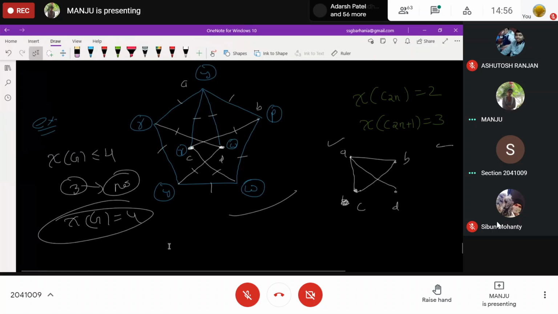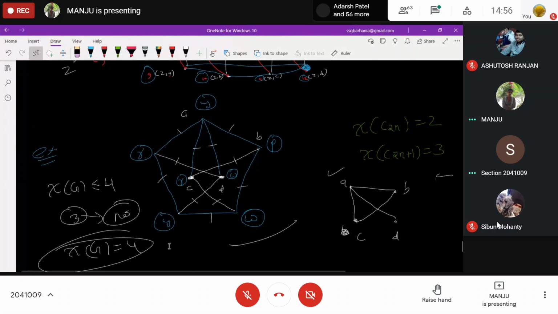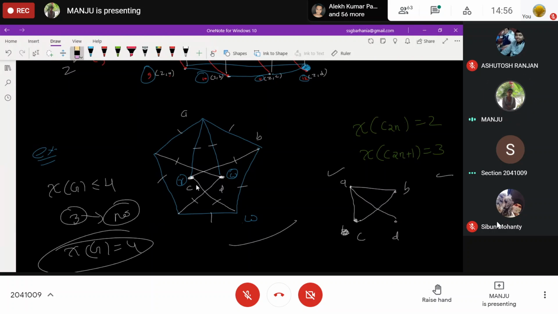We can do it at a different level. Let's take... Actually, the chromatic number is 4. I'm just verifying my technique here.